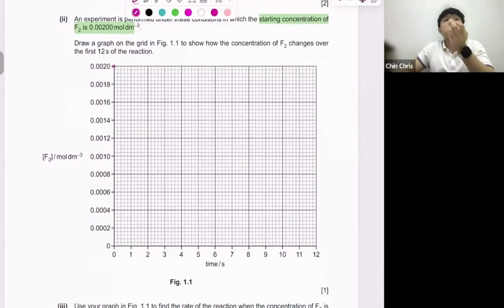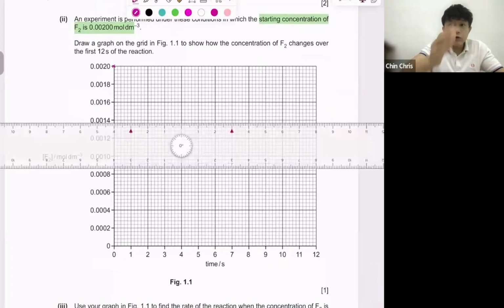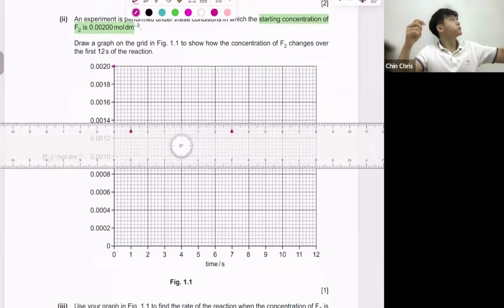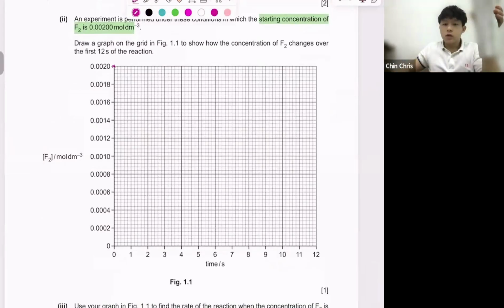Recall what is half-life. Guys, what is half-life? Time taken for the original value to drop to half, right? Well done. So every 4 seconds it will halve. Go. And you have to tell me, will it be a curve or a straight line?